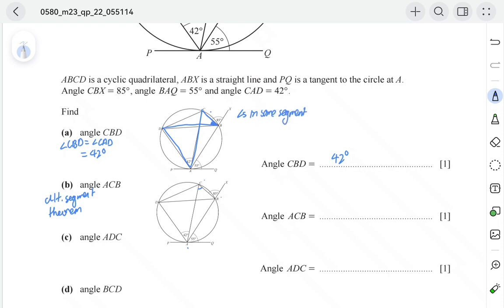Here, we are using the alternate segment theorem, where in a triangle in a circle and the tangent, this angle is the same as this angle. So angle ACB is equal to angle BAQ, which is equal to 55 degrees.